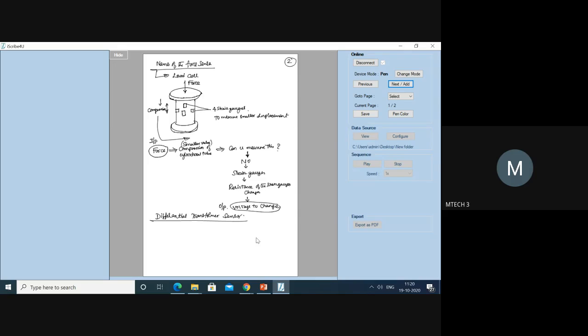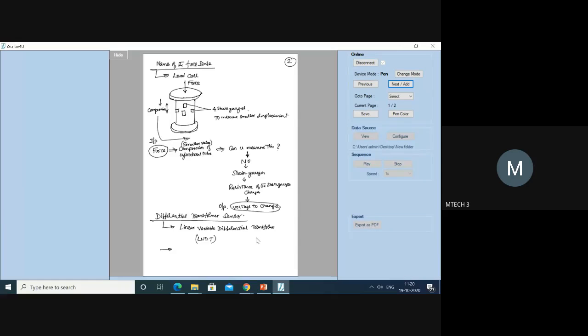The type of differential transformer sensor we are going to discuss is the linear variable differential transformer, LVDT. So what is the basic principle of LVDT?